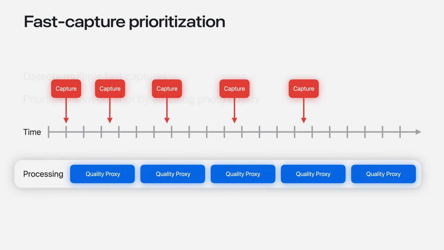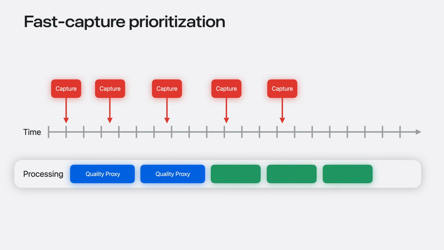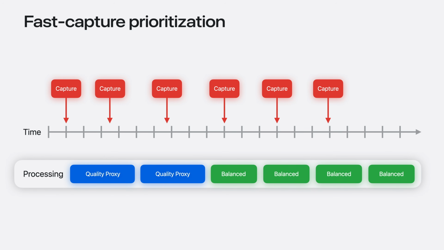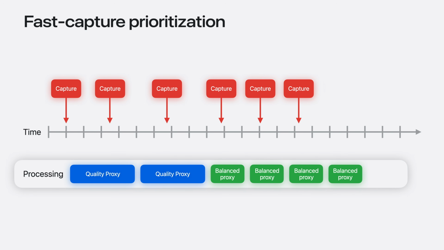So, in the photo capture timeline, as someone requests rapid captures, the system dynamically adjusts photo quality prioritization to balanced. Balanced captures require less time for both capture and processing. The result is a speed boost when the rapid captures are happening.